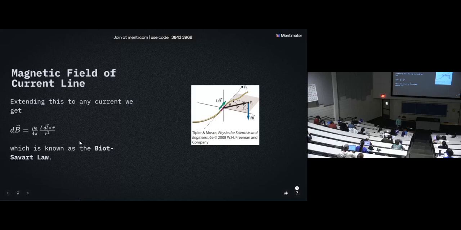The Biot-Savart law is written for differential amounts of current, where a differential contribution to the magnetic field at some point P is equal to mu naught over 4 pi times the current I times dl crossed r divided by r squared. And here's the problem: r squared is going to change depending on where along the current you're integrating. So these problems get very difficult very quickly.